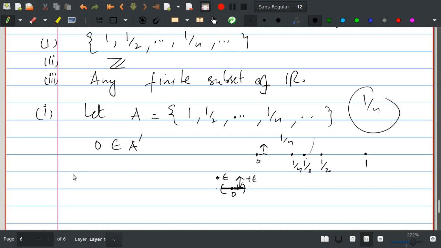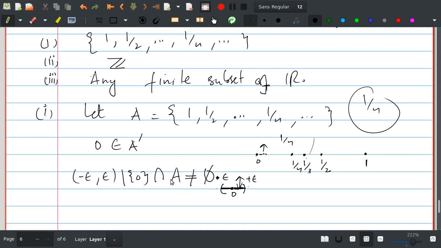So for this open set minus epsilon to plus epsilon, if we remove 0 from this set and look at the intersection of this set with A, this is always going to be non-empty.